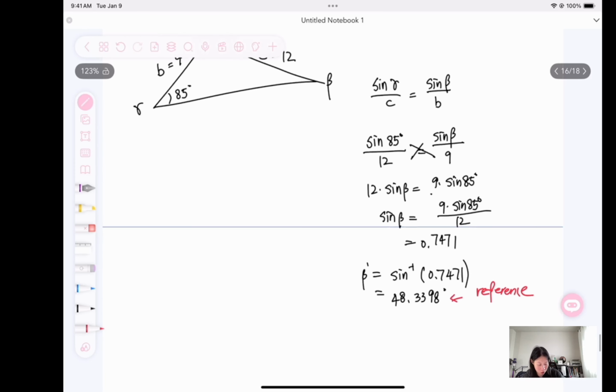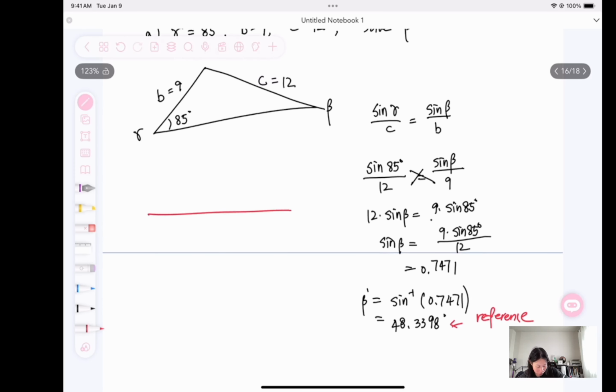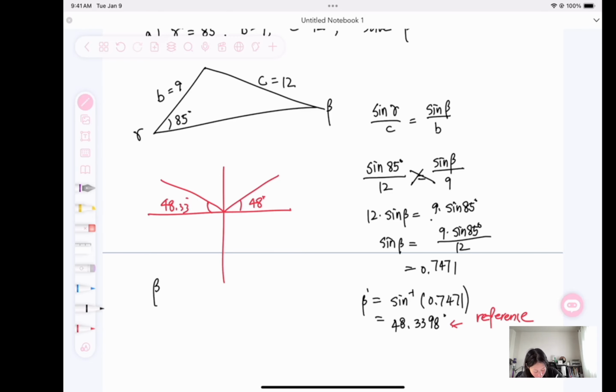So that means for the actual beta, we have two possible solutions, since sine could be in the first and the second quadrant. So this is 14.83 degrees, and this is 180 minus 14.83 degrees, because sine is positive in both. So we have two betas. The first beta is the one in the first quadrant, 14.83398 degrees.